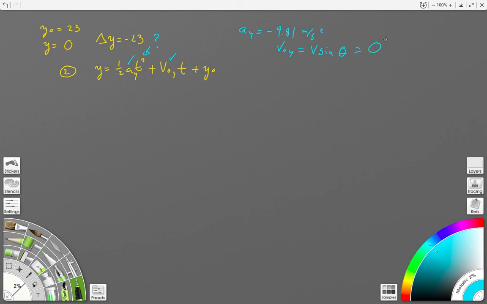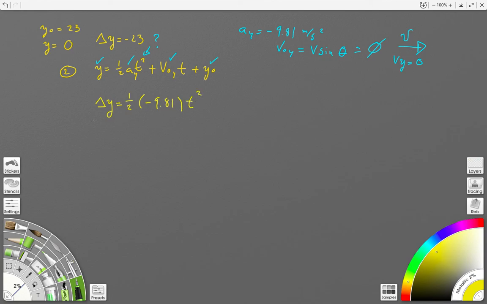And that makes sense because it's a strictly horizontal velocity, therefore the y component is 0. And we have y0, and we have y. We know, therefore, that delta y is equal to 1/2 times negative 9.81 meters per second squared times t squared.